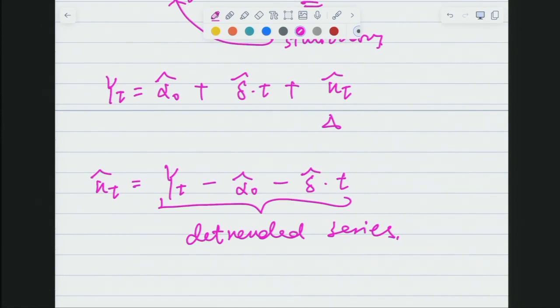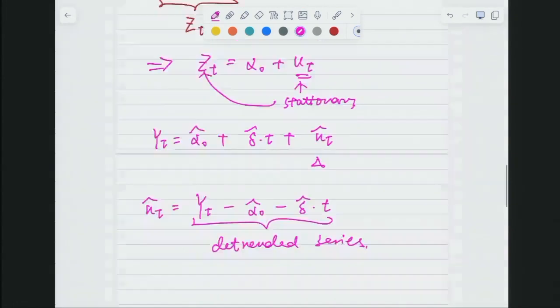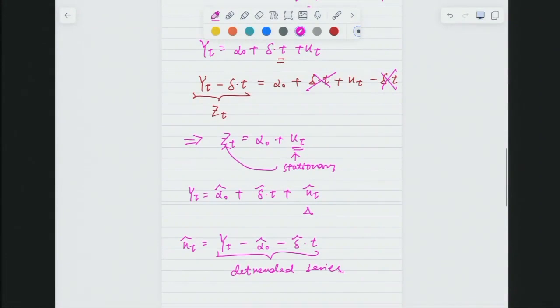And from this analysis, we can see that essentially yt has two components. First of all, it has the deterministic trend, the delta t, and it also has the stationary component represented by z.